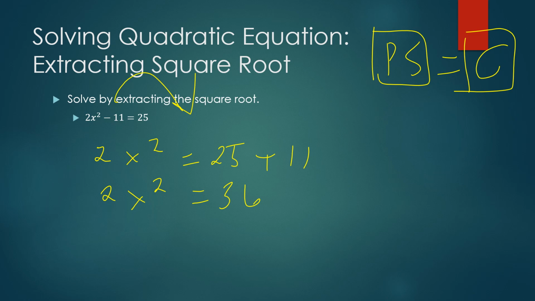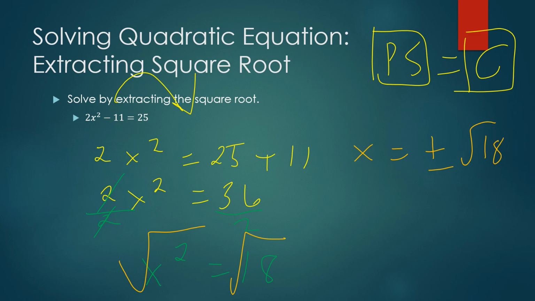So let's divide this by 2, divide this by 2, then we shall have x squared equals 18. Then we take the root of each side. Square root of x squared is x, and it's either positive or negative square root of 18.